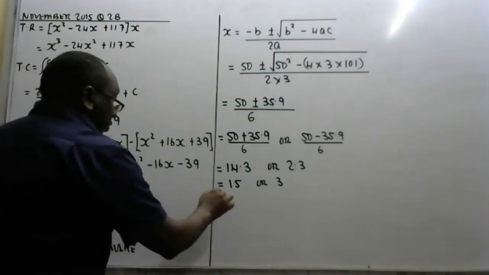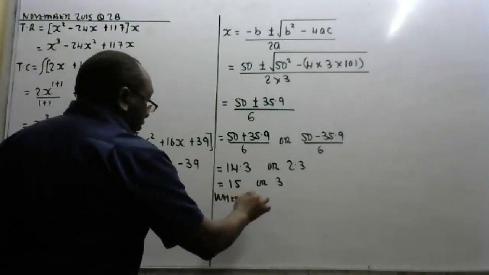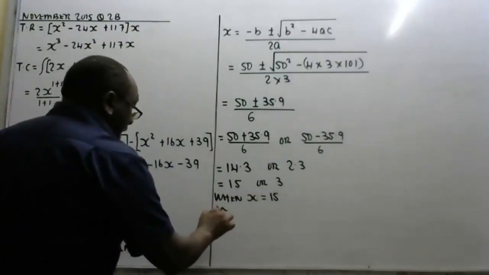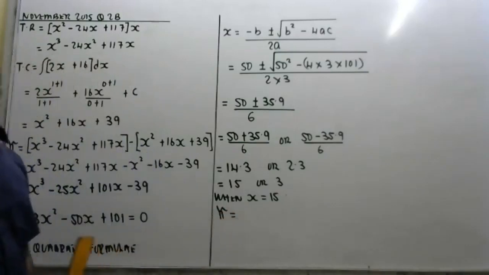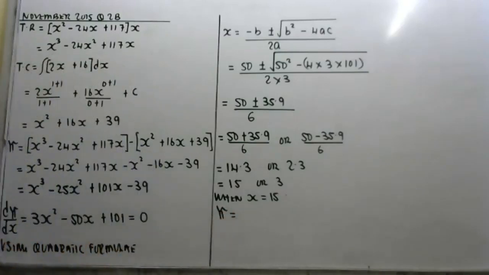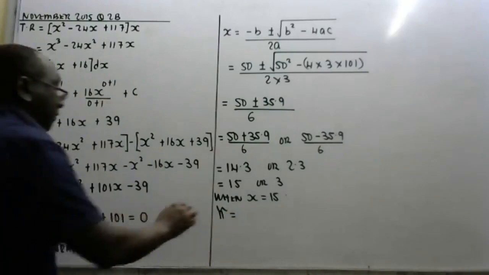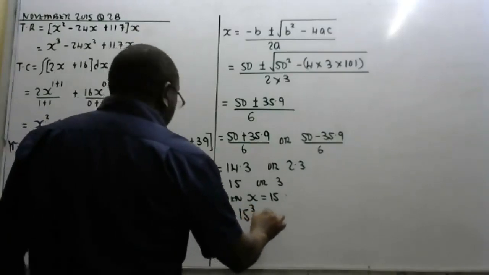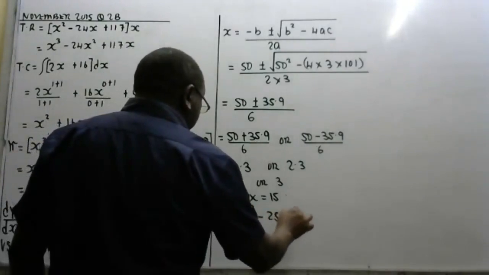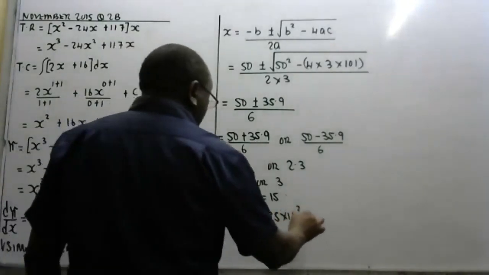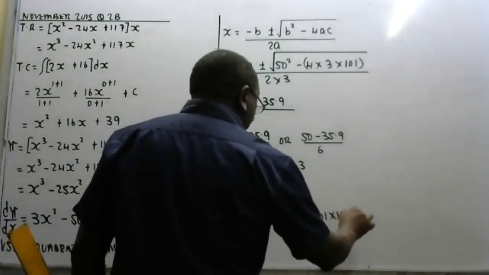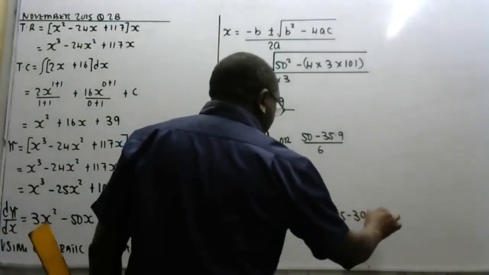So when x is equal to 15, pi will be equal to 15 cubed minus 25 times 15 squared plus 101 times 15 minus 39.